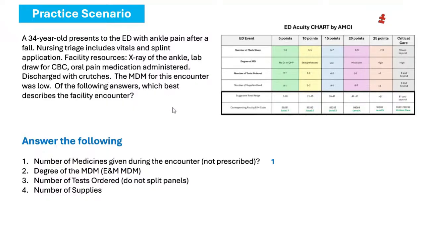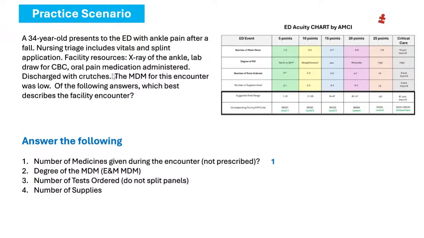Anybody know? What's the degree of the MDM? Is it none? Is it straightforward, low, moderate, high?